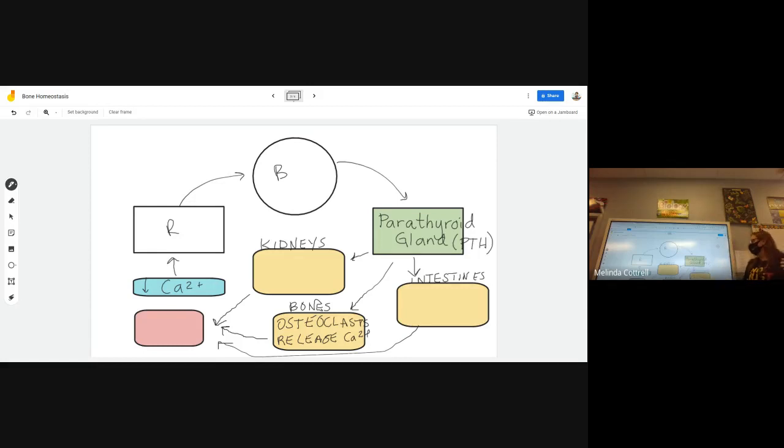Exactly. So the intestines are going to, as directed by parathyroid hormone, now all of these are going to be because of parathyroid hormone stimulating it, the intestines are going to start to pick up more calcium from food. So absorb more calcium.